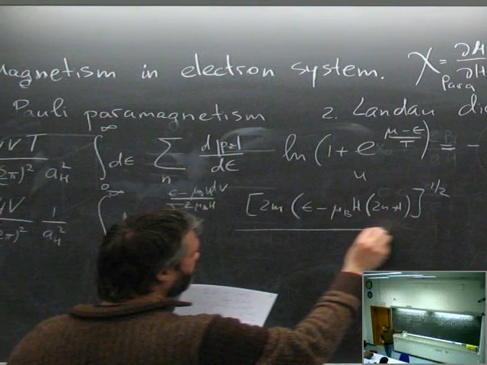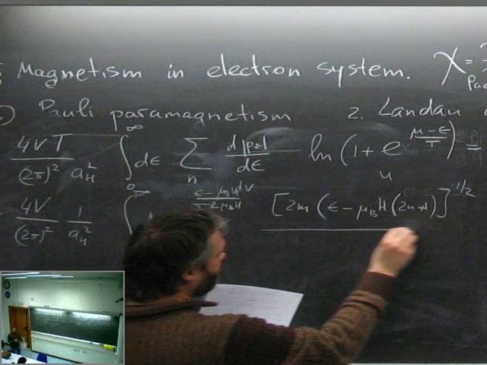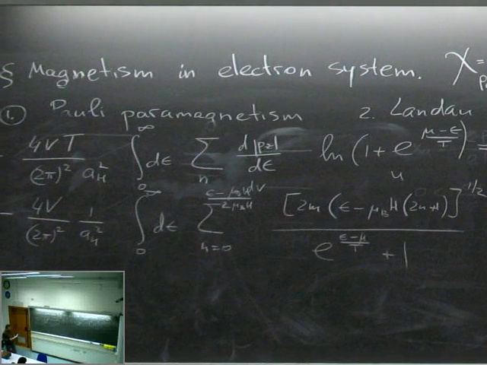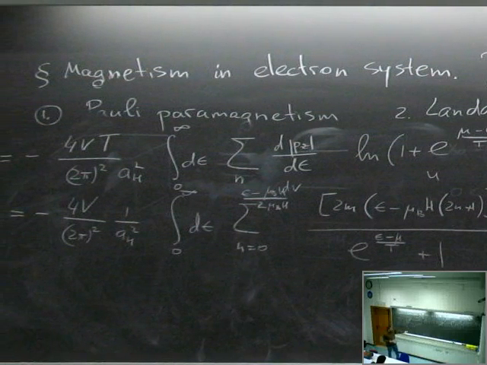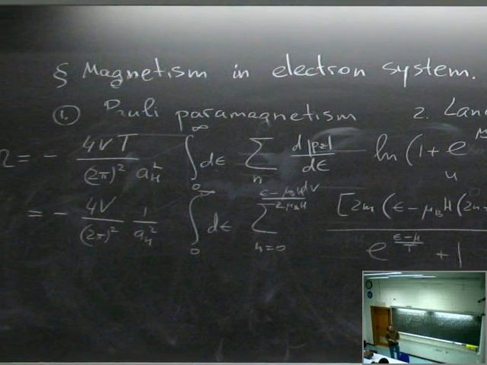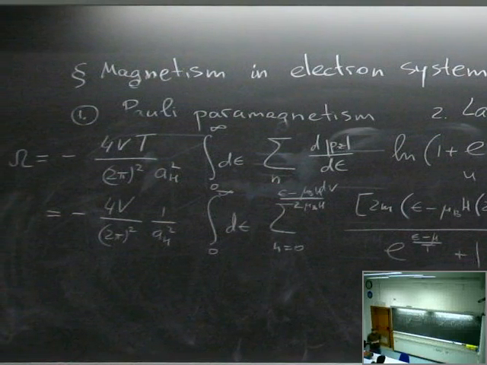Here, mu is the chemical potential, which I will replace by the Fermi energy soon, but at this moment, please don't confuse it with the magnetic moment. I always put index B for the Bohr magneton.